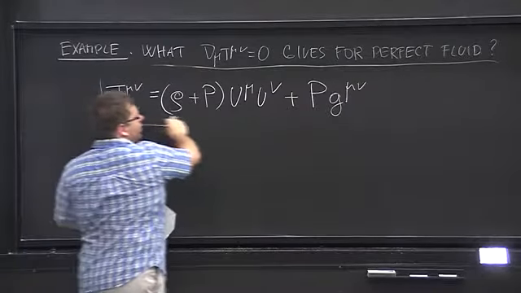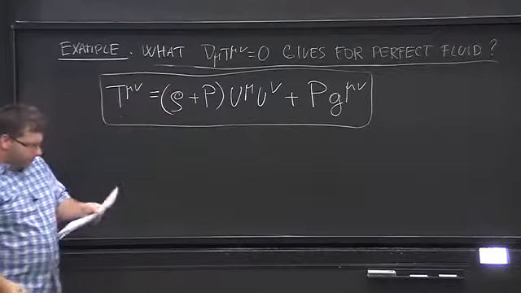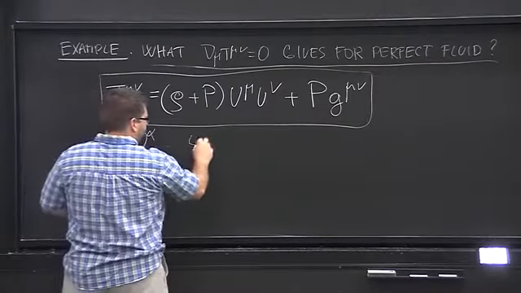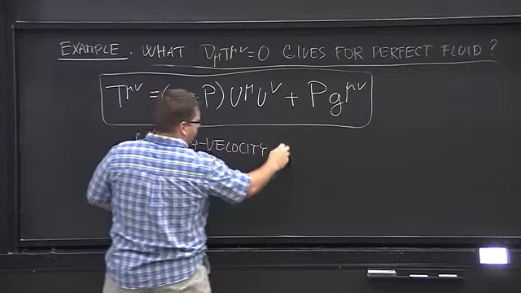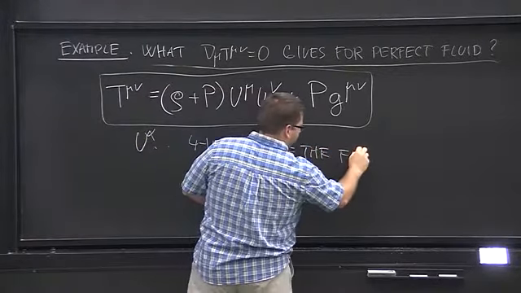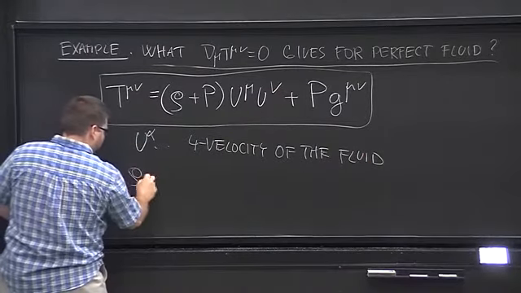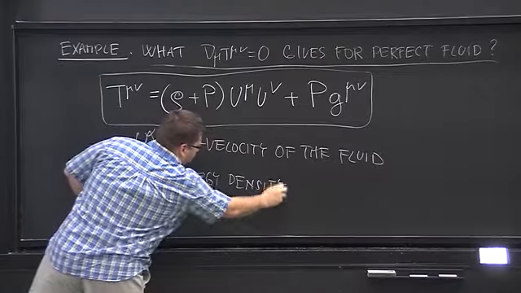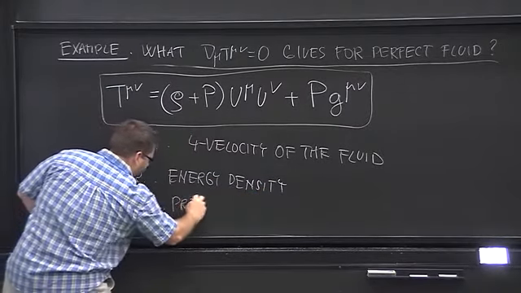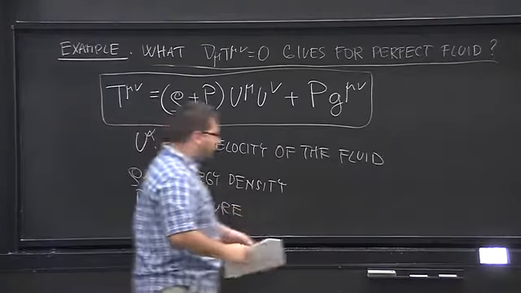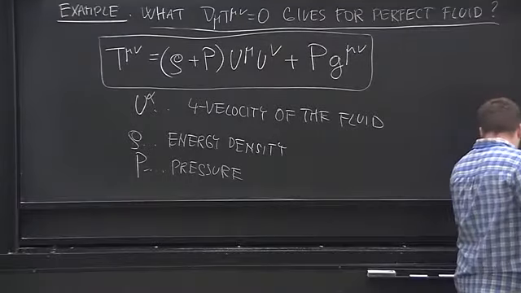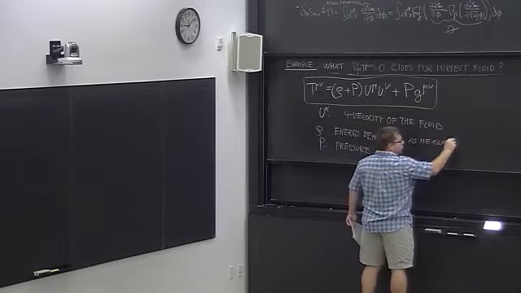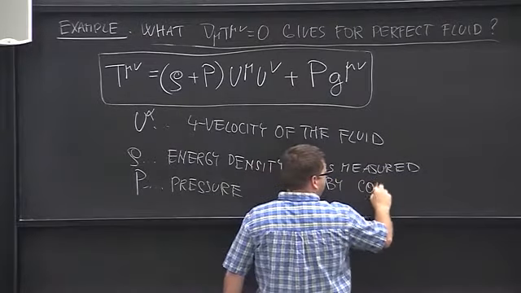Please take for granted that this is the energy momentum tensor of a perfect fluid, where u alpha is the four-velocity of the fluid, rho is the energy density, and P is the pressure, and both these quantities are measured in the rest frame of the fluid, as measured by the so-called co-moving observer.